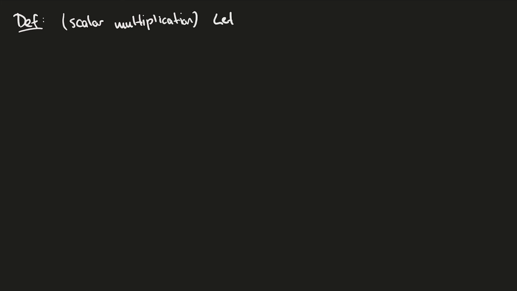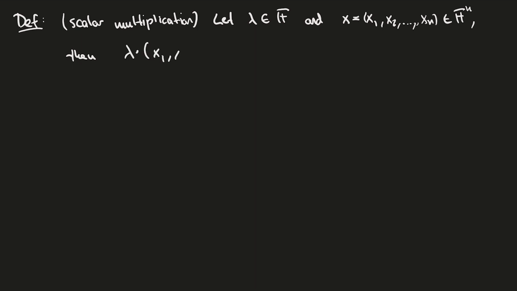This means that given some lambda in our base field F and some element of Fn, so this would be x equals x1, x2, so on up to xn in Fn, then we define the scalar multiplication of lambda times x1, x2 up to xn to be equal to lambda x1, lambda x2, and so on up to lambda xn.